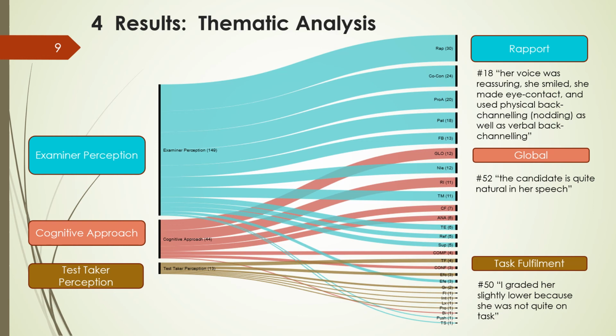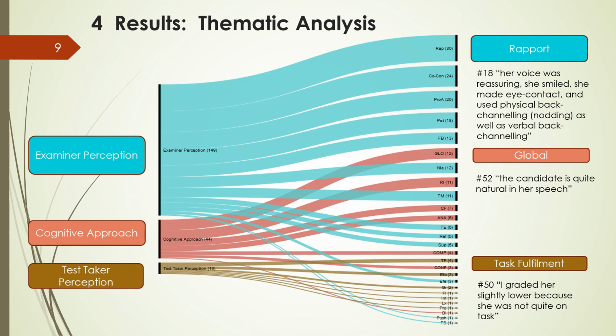Examiner perceptions comprised 72.3% of the 206 codes. Cognitive approaches, indicated by the peach filaments, accounted for 21.4% of the data, with the remaining 6.3% of the codes being test taker perceptions, coloured here in brown.